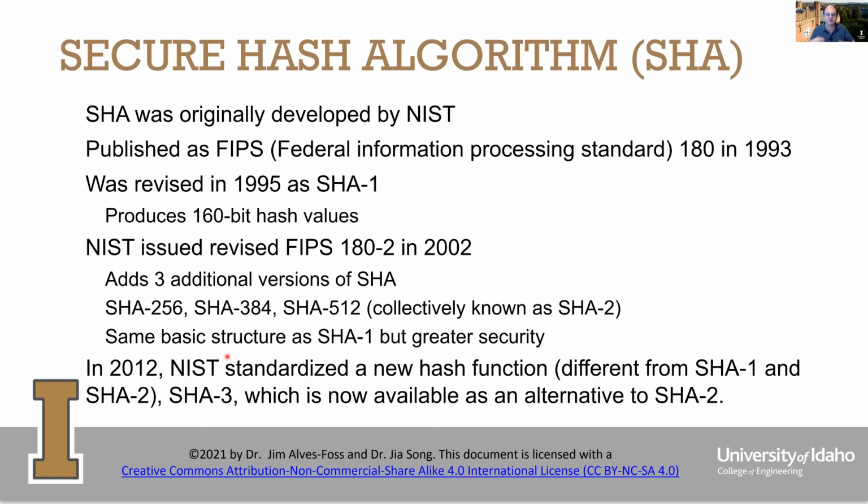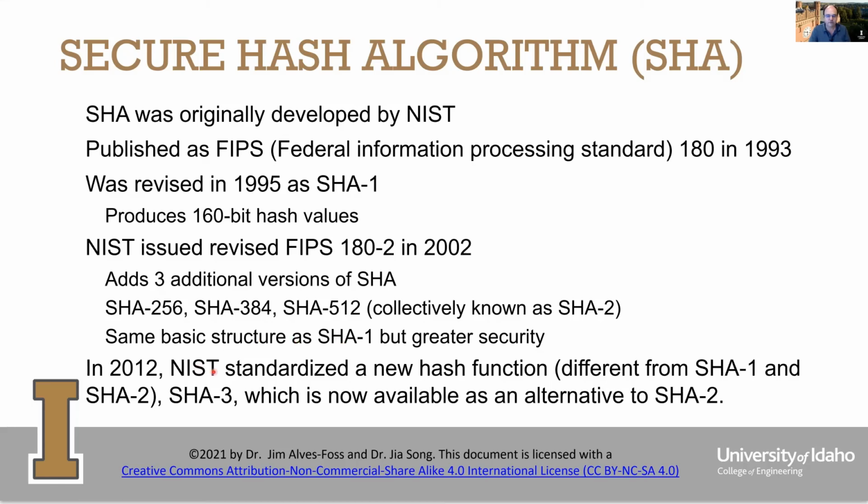Those represent the sizes of the hashes. So SHA-256 creates a 256-bit hash, SHA-384 a 384-bit hash, and SHA-512 a 512-bit hash. Collectively, these are known as SHA-2. It has the same basic structure as SHA-1, but greater security.